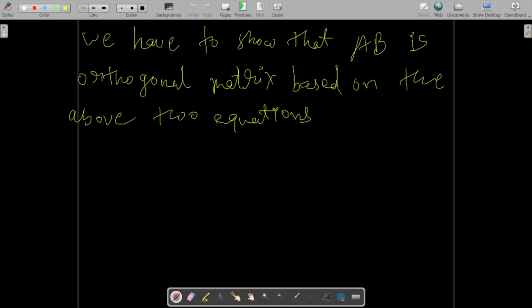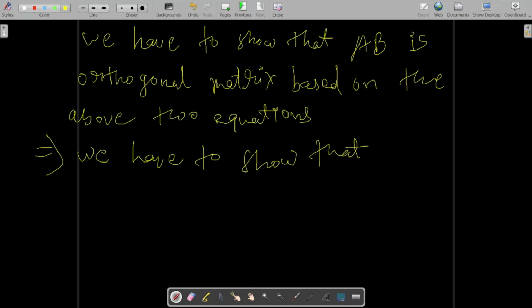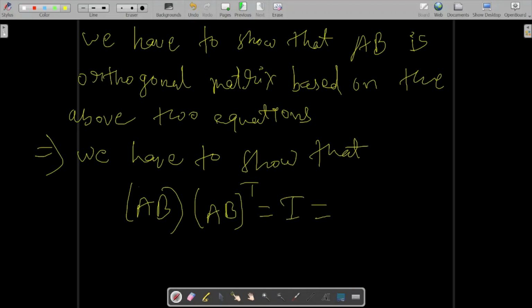So what will happen? That means we have to show that, in order to show that AB is orthogonal, we have to show that AB transpose is equal to I is equal to AB transpose AB, right?